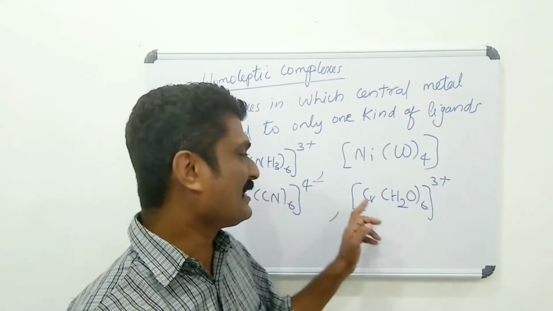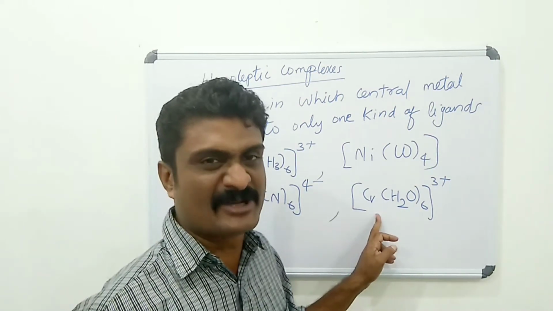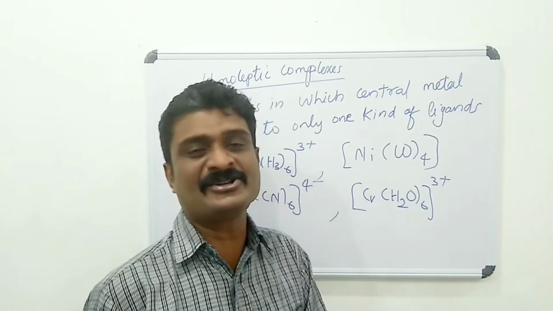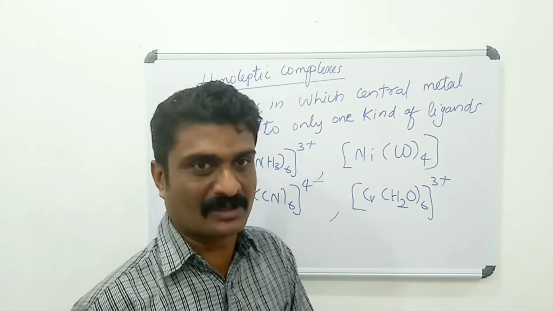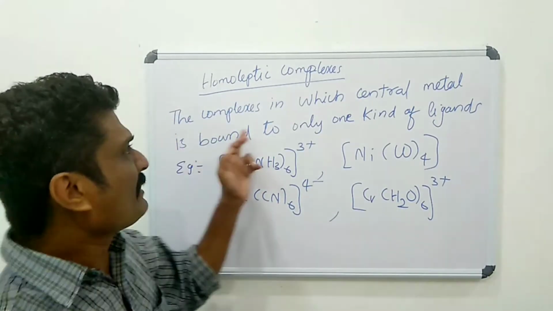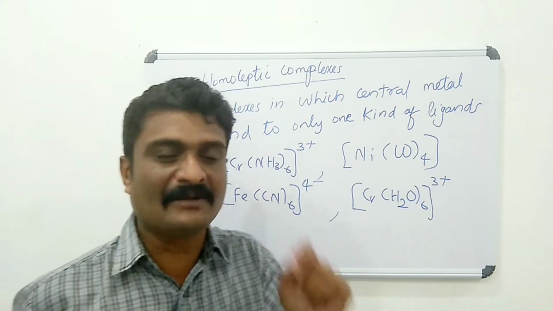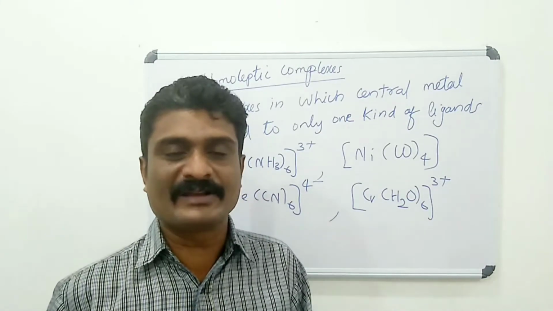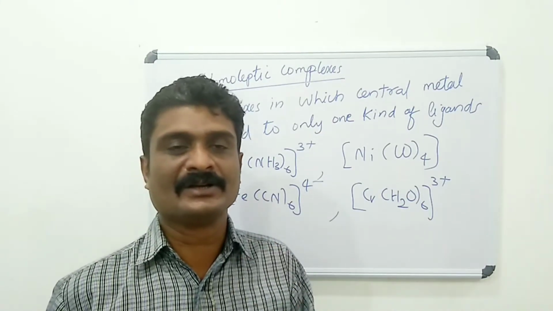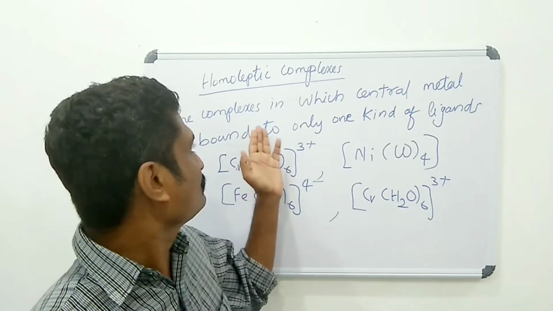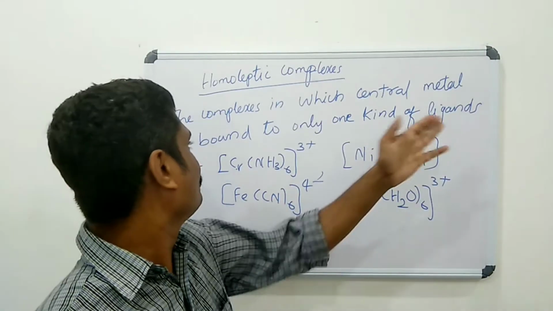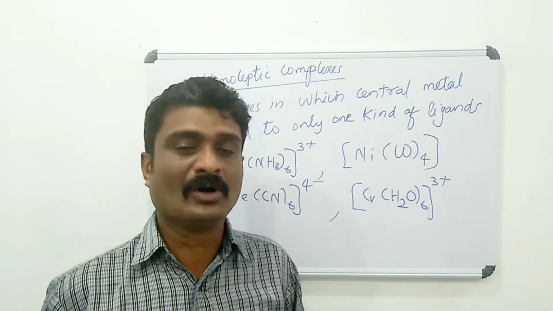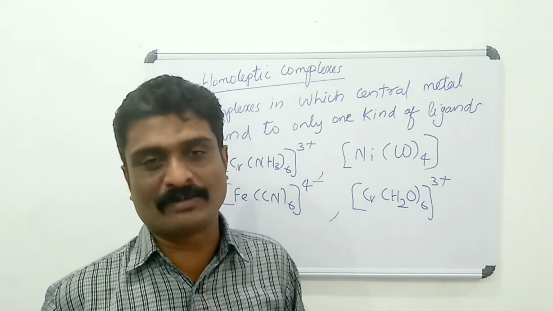Here the central metal chromium is bound to only the ligand water molecule. That means the complexes in which the central metal is bound to one kind of ligand are called homoleptic complexes.